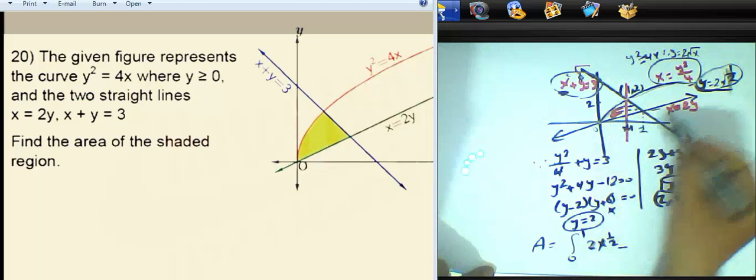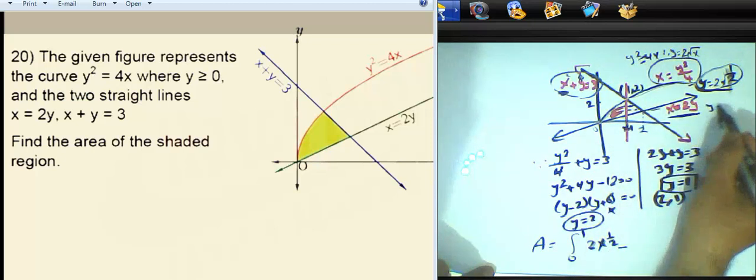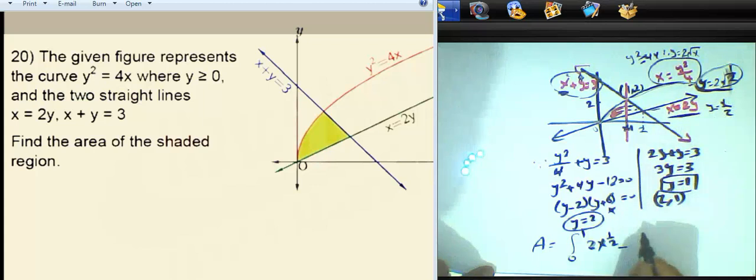Subtract the down line, y equals x over 2, subtract x over 2.